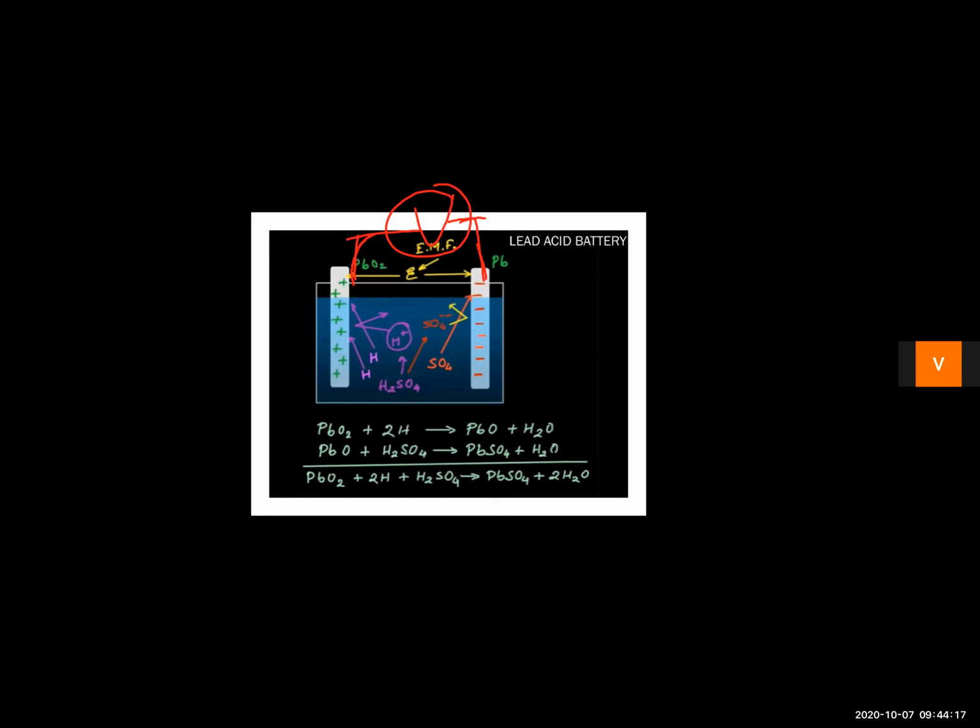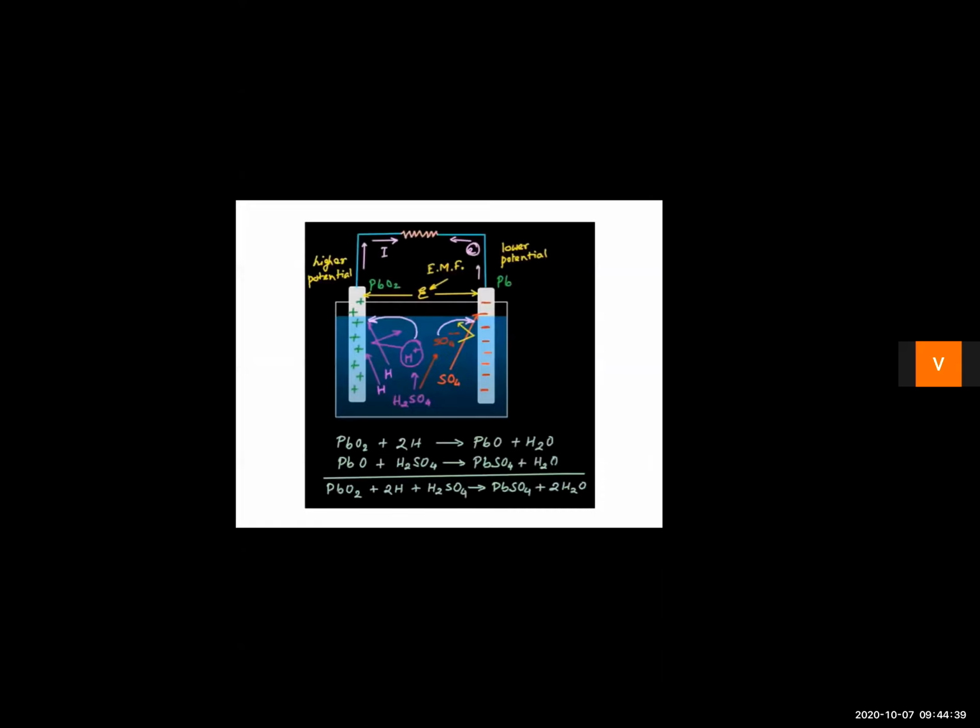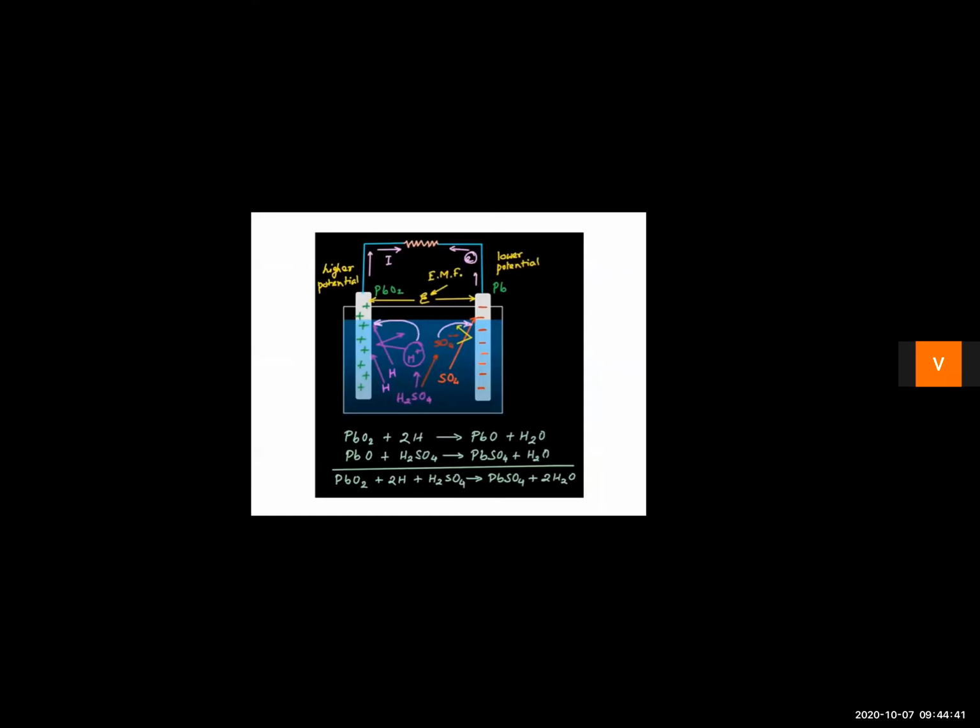So when the circuit is in open condition, the potential difference between the two plates is maximum, and it is the EMF, that is E, or you can say sigma, right children? So children, this is your EMF.